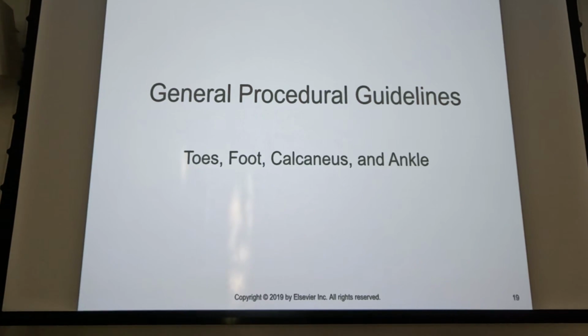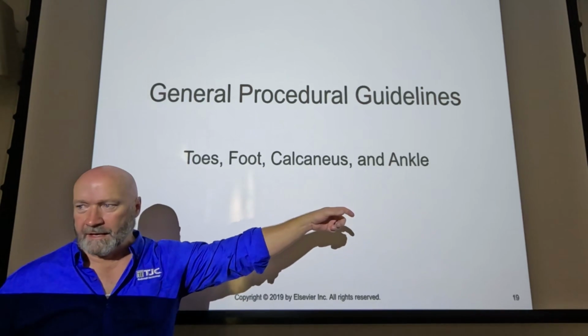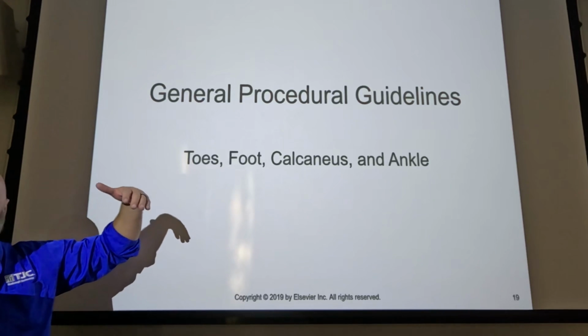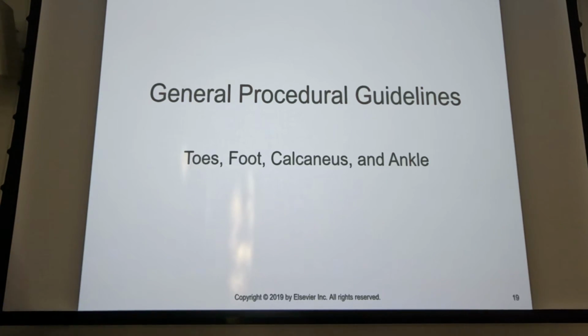It's AP and lateral. So also there's going to be some positioning similarities with each one of these. The lateral on the foot, the calcaneus, and the ankle, pretty much the only difference between those is going to be central ray location and collimation.